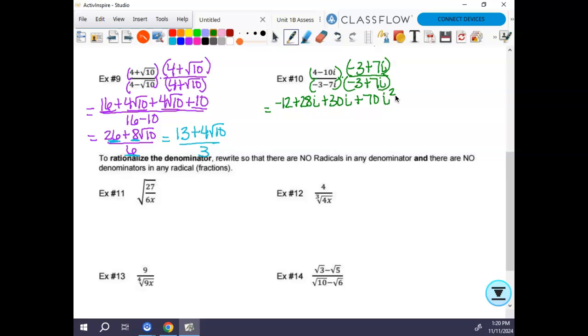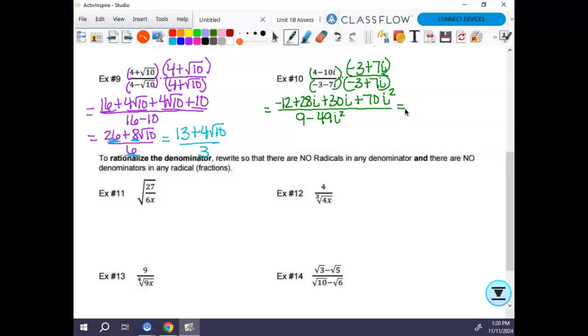Then the denominator, we do the square of the first one. Negative 3 squared is a positive 9 minus 7i squared is going to be 49i squared. Any questions at this point? All right. What is i squared?